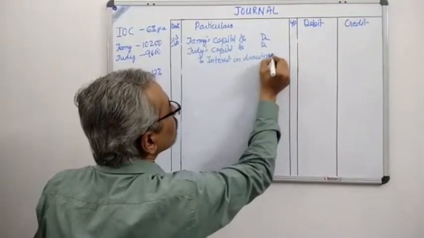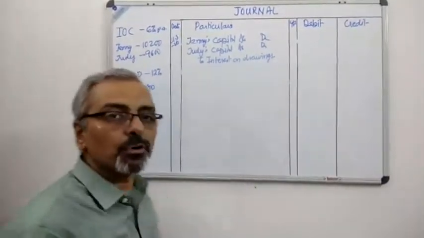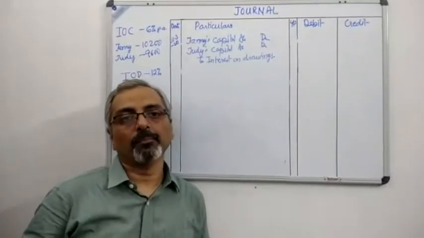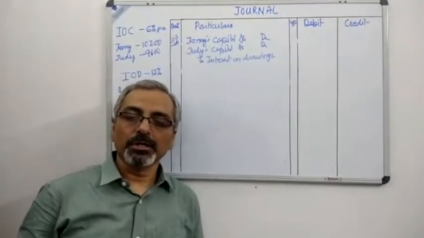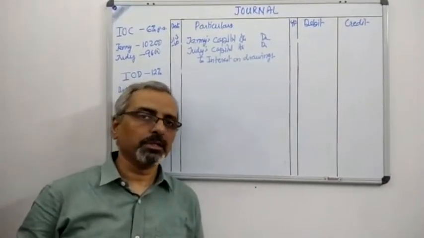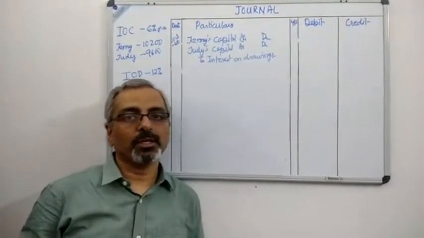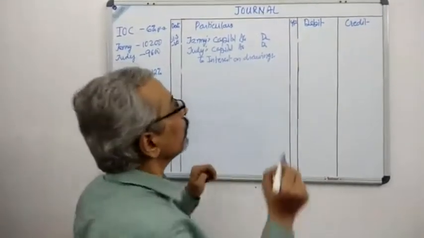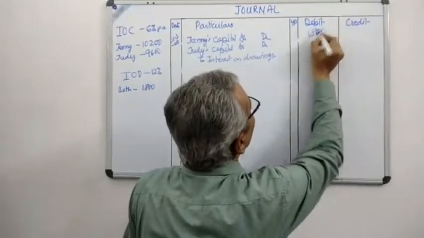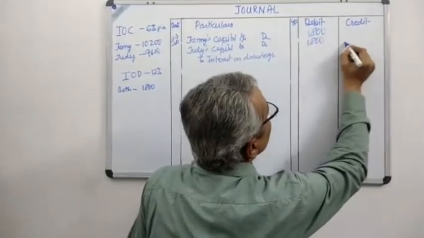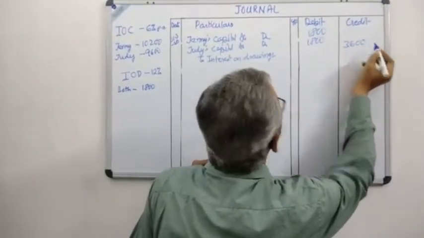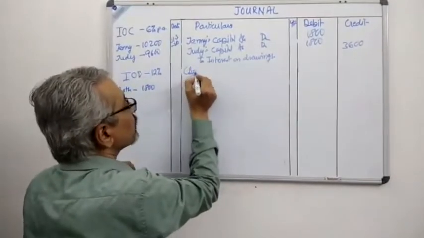And if you remember, we had calculated interest on drawing, and for both the partners it had come 1,800 each, because the interest on drawings was at 12%. The date was not mentioned when the money was withdrawn. Okay, so over here 1,800 plus 1,800 gives us 3,600.